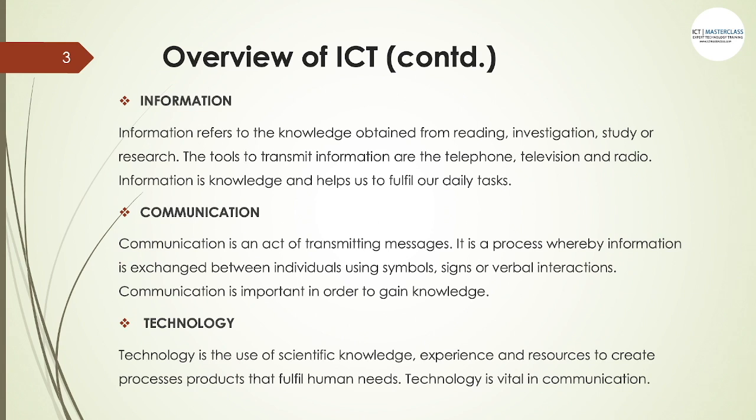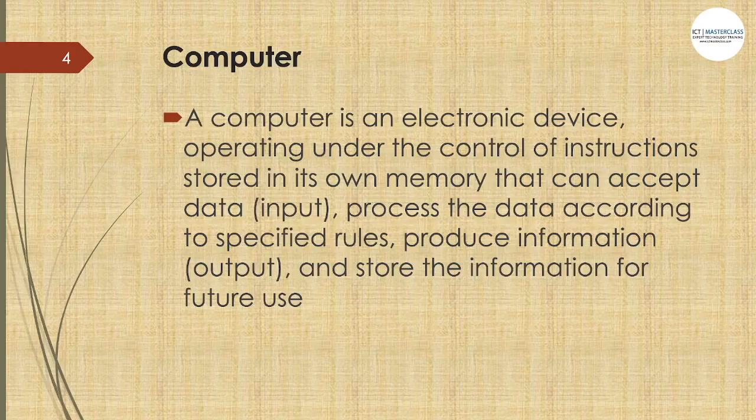So the central concept of information and communication technology is computers. And when we say computers, we don't necessarily only mean that desktop sitting in your office or the laptop in front of you now. We mean all electronic devices that you can use to store information, process it, and send it out.